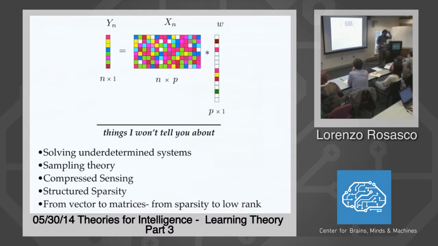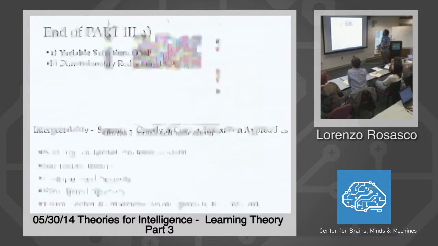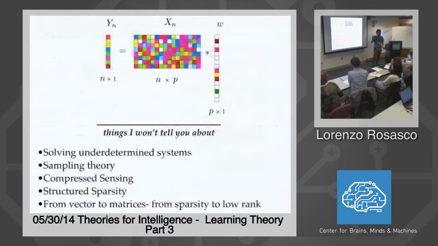And again, what I'm showing you is just the tip of the iceberg. All right. Any questions about this? So the take-home message is, it's big. There's a lot of stuff I can tell you about.